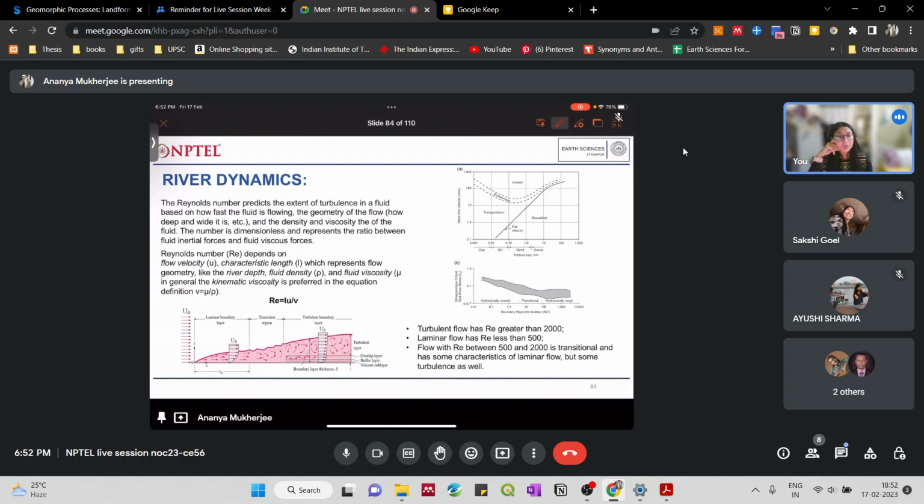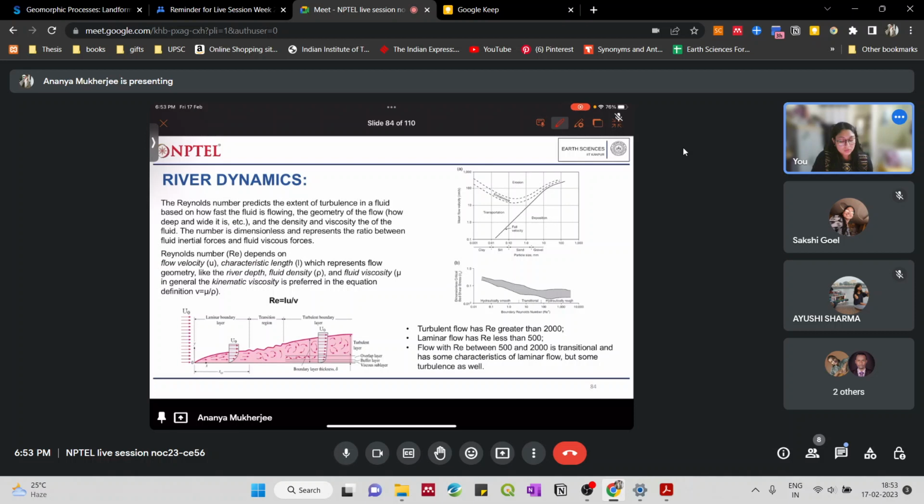Now we come to another numerical value that will help us understand the type of flow that is there during the course of the river. That is the Reynolds number. It will predict the extent of turbulence in the fluid.